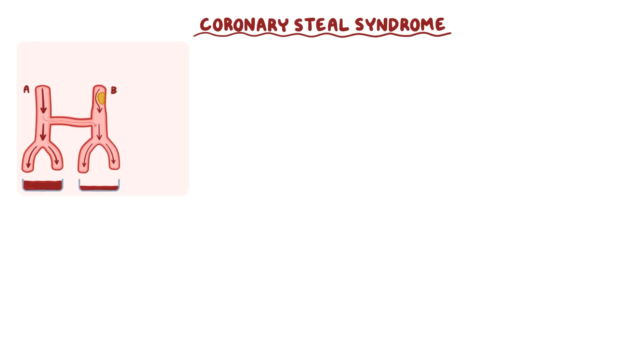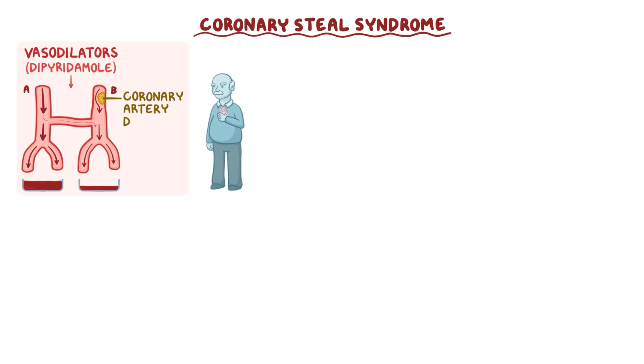Alright, as a quick recap, coronary steal syndrome is a condition where there's a fall in blood flow to a certain section of the heart in favor of another during coronary vasodilation, typically caused by the use of vasodilators like dipyridamole in individuals with coronary artery disease.